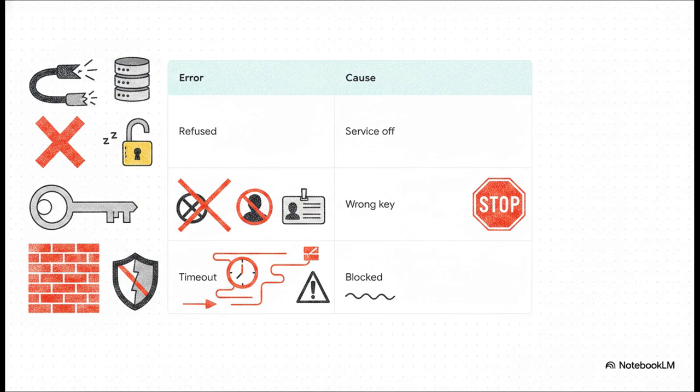First, if you get a connection refused error, it usually means the SSH service might not be actively running on the destination server, or the server is simply offline. Second, if you see permission denied, you need to check your credentials immediately. It means your username is completely wrong or your SSH key isn't matching up. And third, if you get a timeout where the terminal just hangs and does absolutely nothing for a minute, you are almost certainly being blocked by a rigid firewall or a strict network security group standing between your computer and the server.